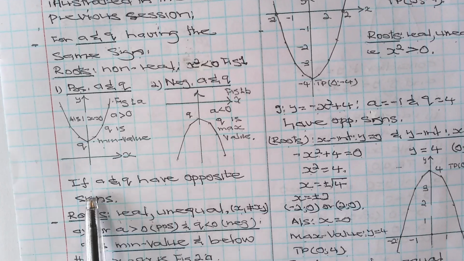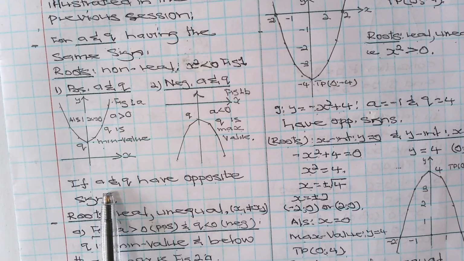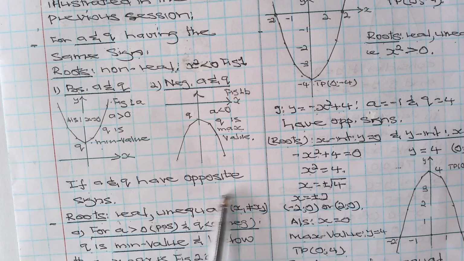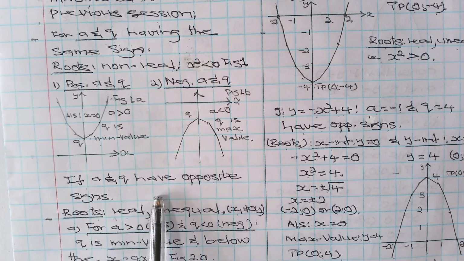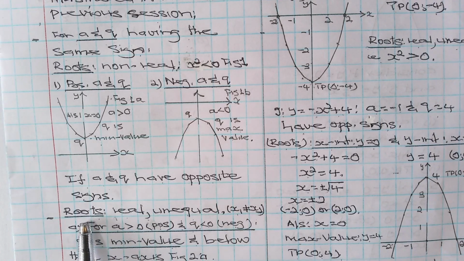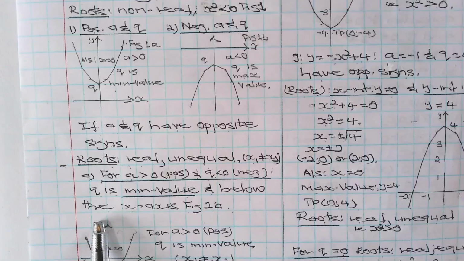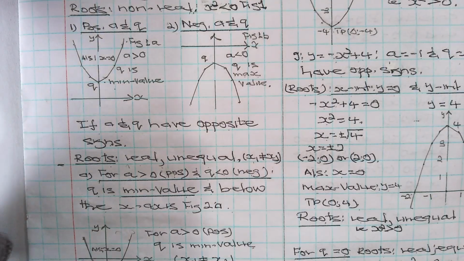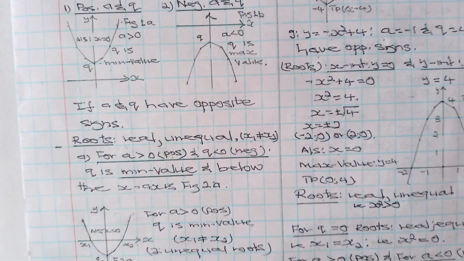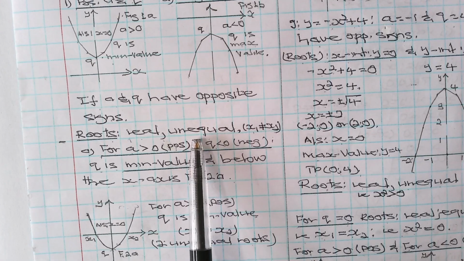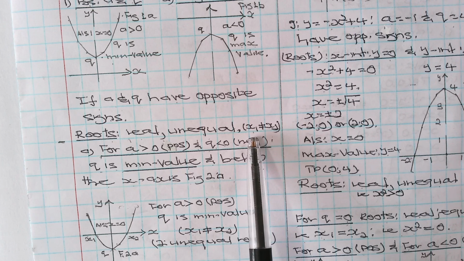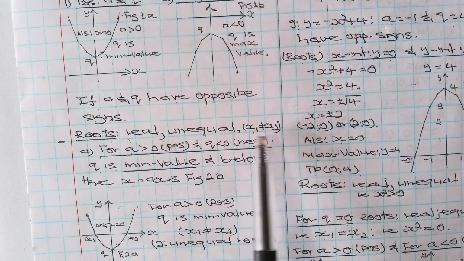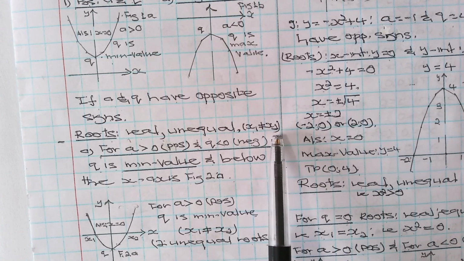Today's session is about a and q having opposite signs. If a and q have opposite signs, the roots are real and unequal. It means it cuts the x-axis at two unequal points, two different points. x1 is not equal to x2.